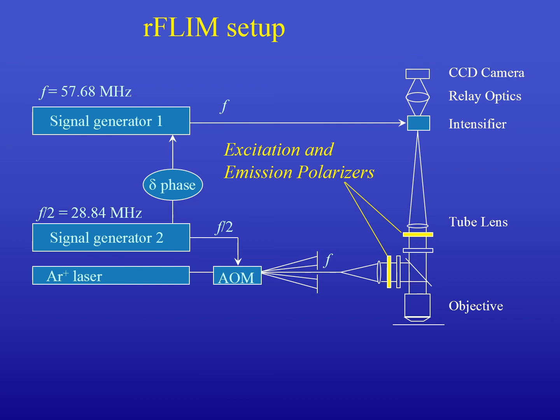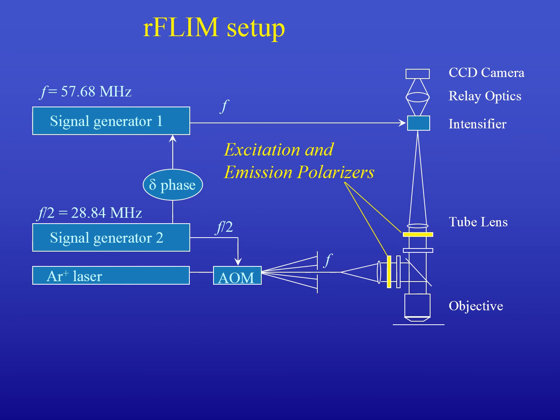So here's a quick drawing of the rFLIM setup. It's in this case again a frequency domain setup, with the higher frequency for driving the intensifier, and the lower frequency being doubled again by the AOM to drive the excitation source at the same frequency, and then you can do the phase stepping and so on.